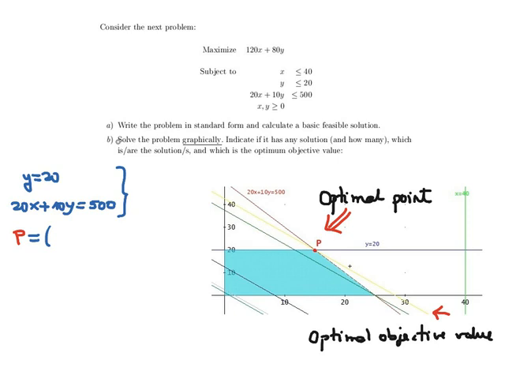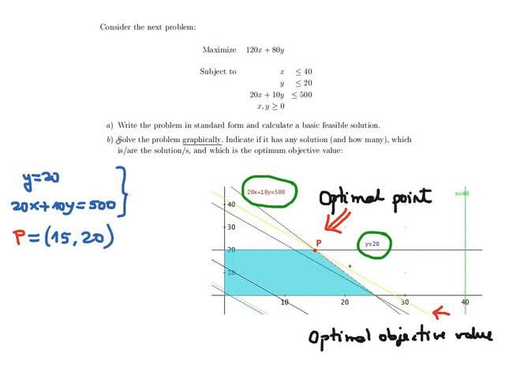To know the coordinates of point P, we solve the system, the equation system formed by the straight lines y equal 20 and this red line which is 20x plus 10y equal 500. So the solution of this system is x equal 15 and y equal 20.